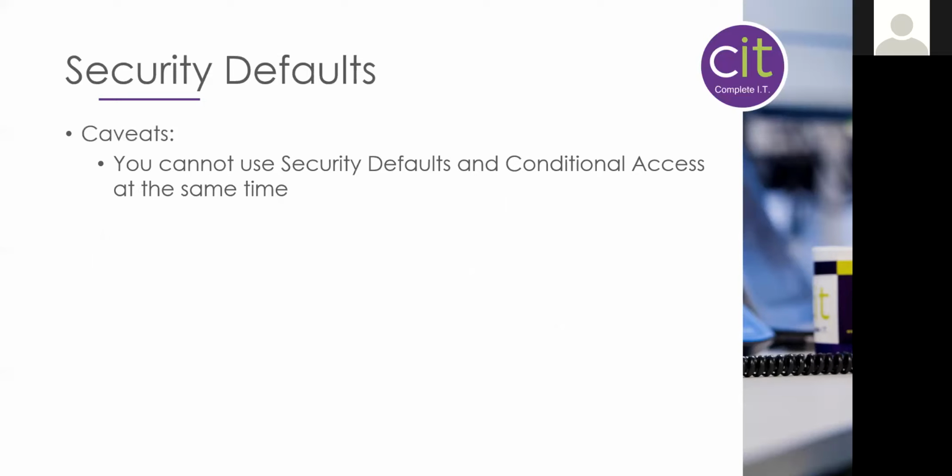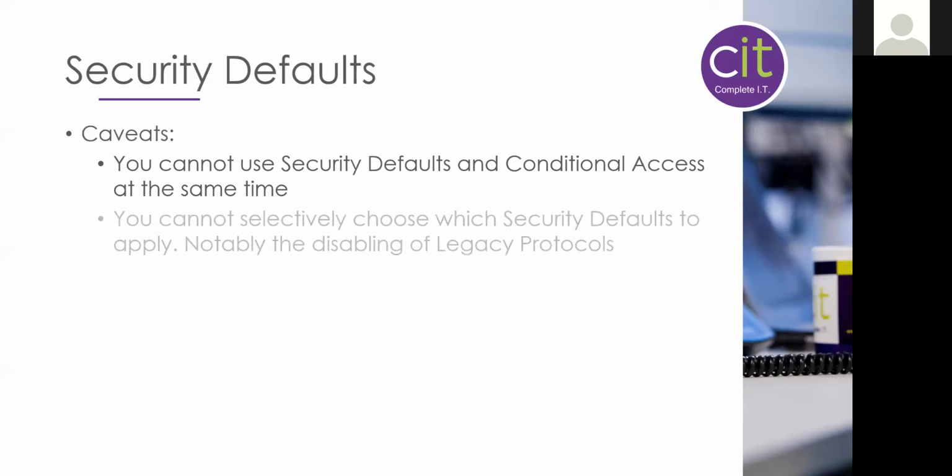Can be done. You can do everything that security defaults do with conditional access. You just have to build them out yourself. The most important bit, or one of the most important bits, you cannot selectively choose which defaults apply. They are either all on or they're all off.